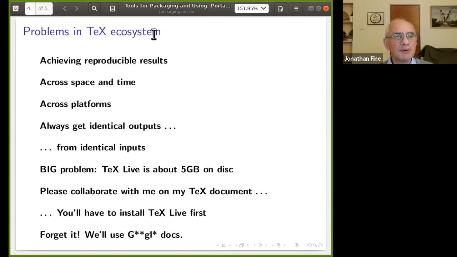And you might be collaborating with other people who will require different 5 GB things because they're working on different versions of TeX Live, or because they're configured differently, or simply because they've got different things installed. So the response that TeX users get when they want to share might very well be, forget it, we'll use Google Docs. That's a big problem in the TeX ecosystem.